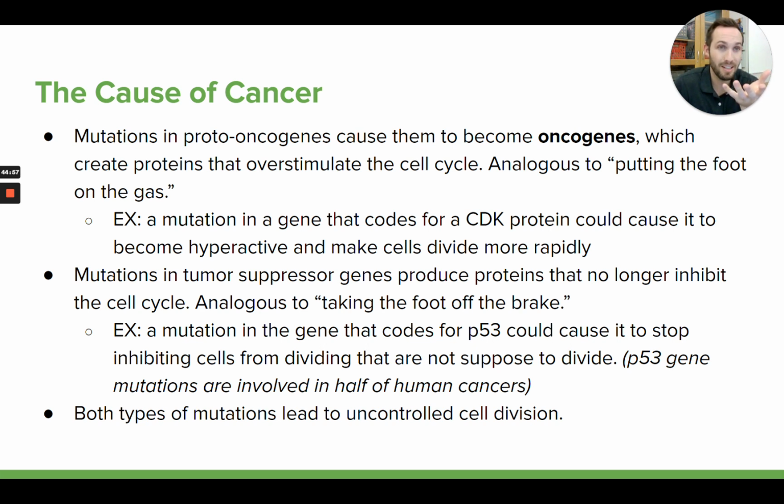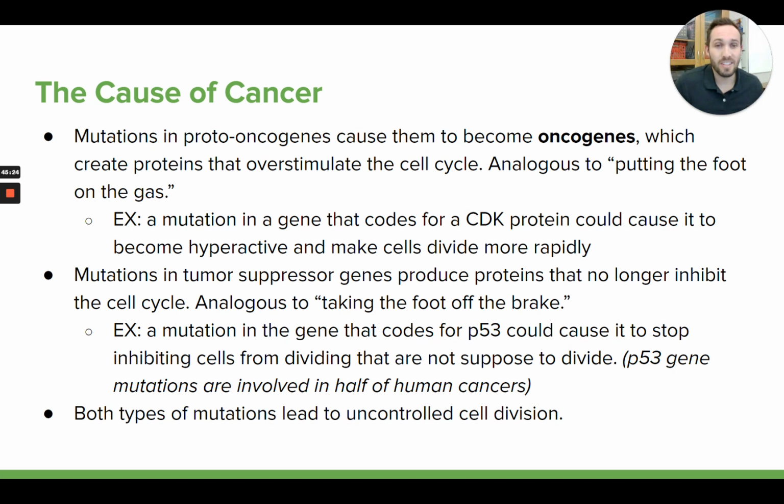Maybe there's a mutation that causes this protein to not fold correctly, and now it can't do its job at all. And its job was to slow down the cell cycle when needed. Well, now you have a protein that can no longer slow down the cell cycle when needed, so you end up with cells going through the cell cycle more often than they're supposed to. And that, again, can lead to tumor formation with increased cell division and cancer.